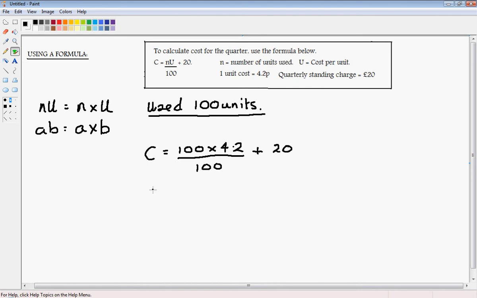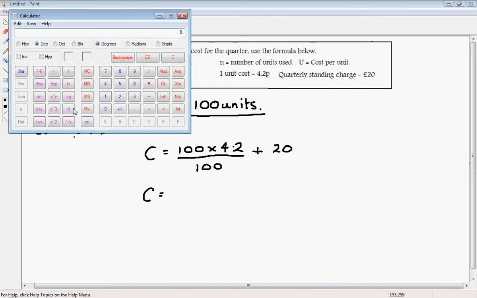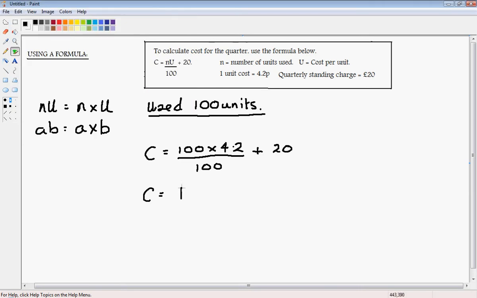So we now have our cost equals, okay, now if you like we'll use a calculator for this. So we have 100 multiplied by 4.2, so this gives us 420.